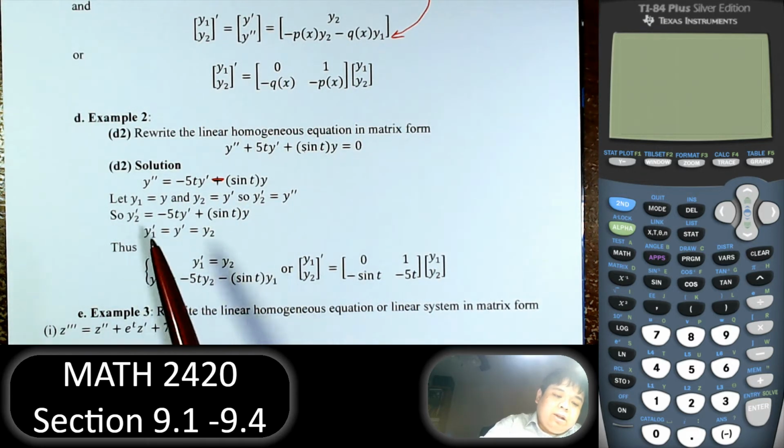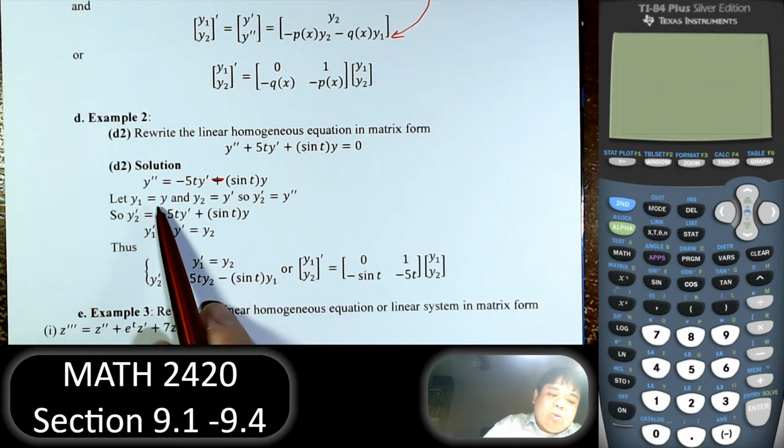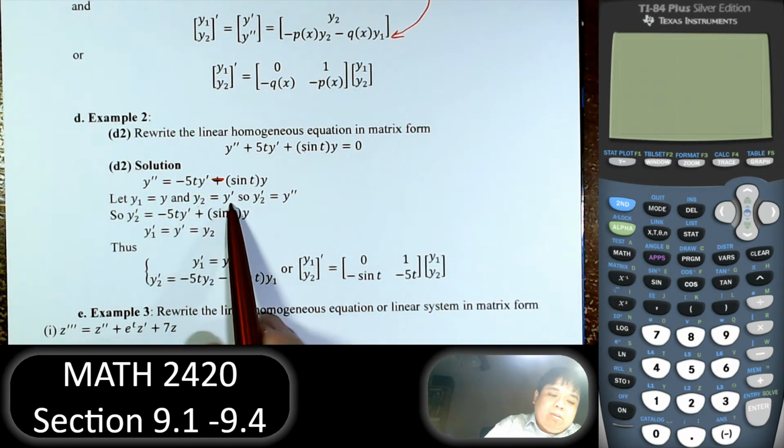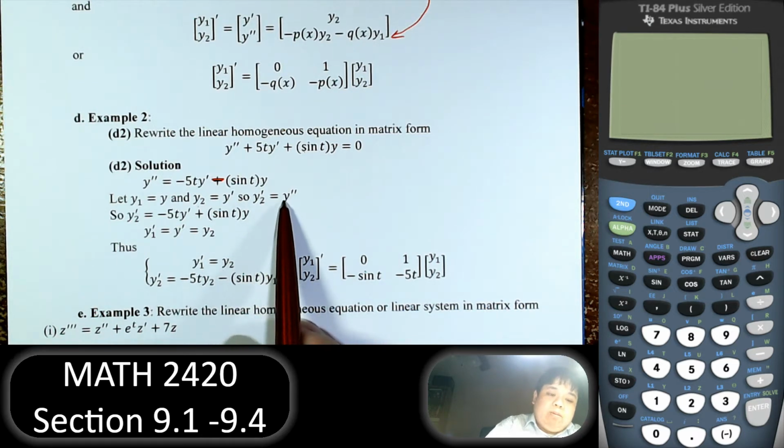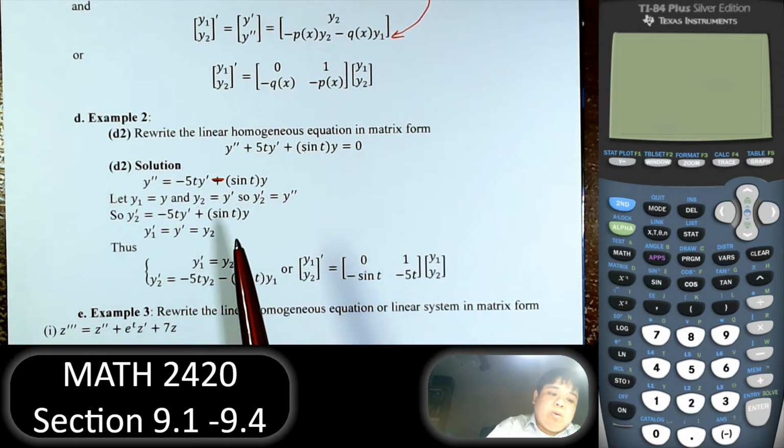Now, if we let y1 equal to y, y2 equal to y prime, then the derivative of y2 is y double prime, right? Derivative of both sides, that's what we have.